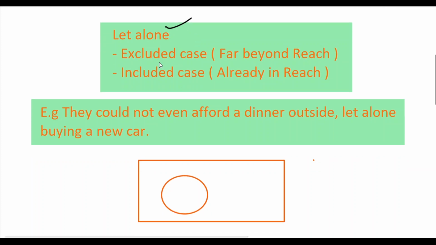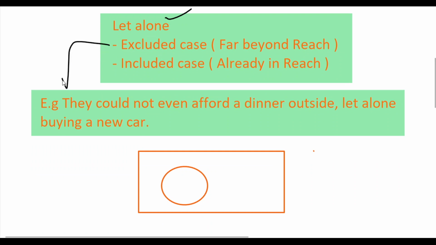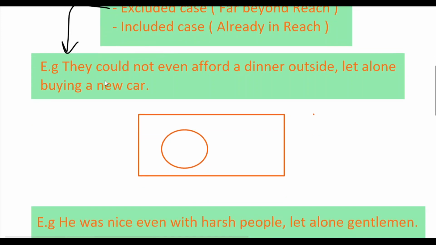So let's try to come up with an example of an excluded case in which things are far beyond reach. The example says "they could not even afford a dinner outside." So something tells me that these guys are pretty poor, "let alone buying a new car."